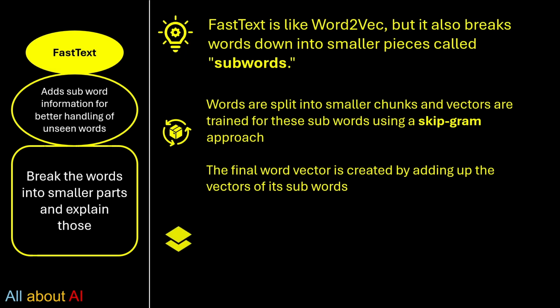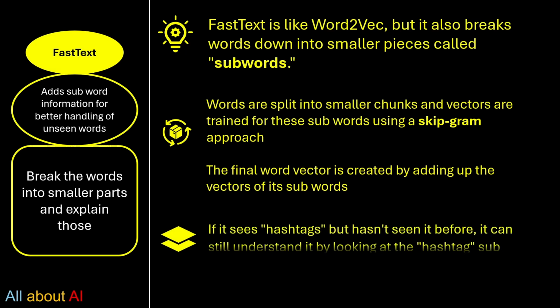One example could be hashtag. It might be a word it has not seen earlier, but since it's breaking it into subwords like ha, has, or hash, and tag, it can combine all this knowledge together while computing the vector.